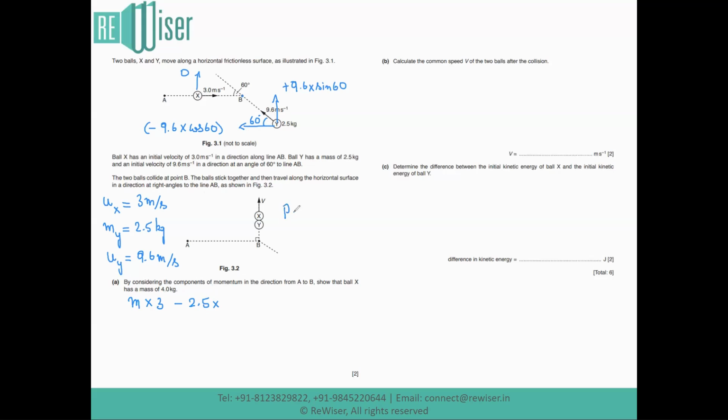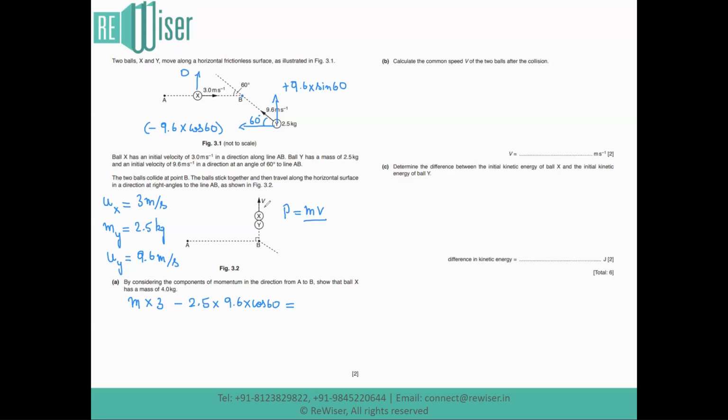Since momentum P is defined as mass times velocity, we are multiplying mass and velocity for both the bodies, into its horizontal component 9.6 into cosine of 60. This should be equal to the horizontal component of momentum after the collision.